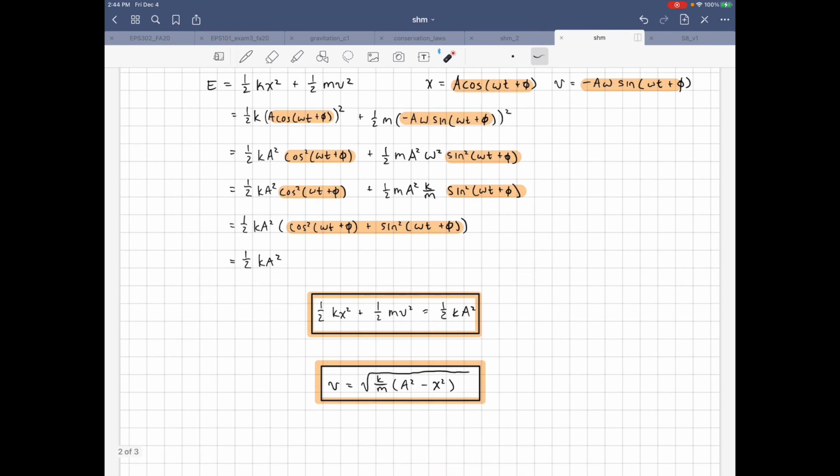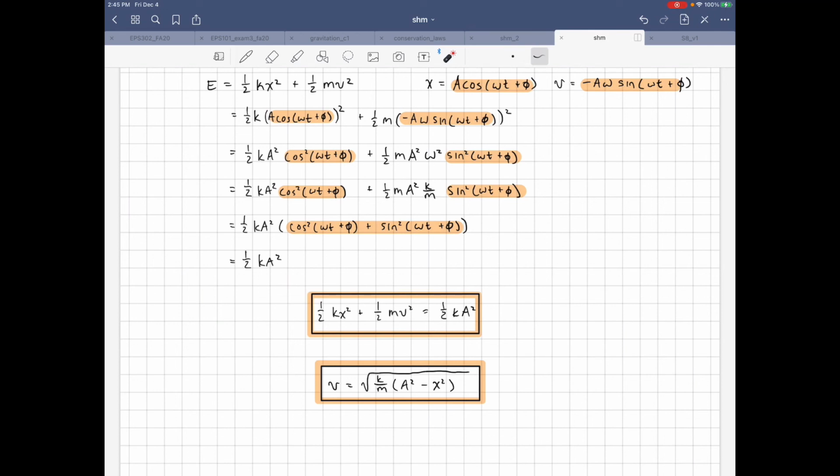So you can rearrange these terms here to solve for the velocity at any time, or the speed at any time, and that would be this expression here. So it depends on the total energy of the system, and then depends on how much the spring is stretched or compressed at that given moment.